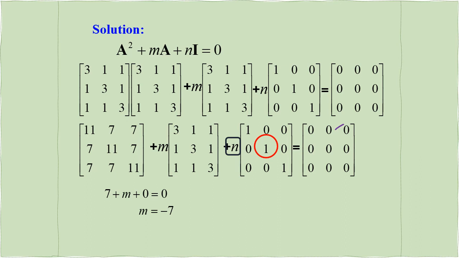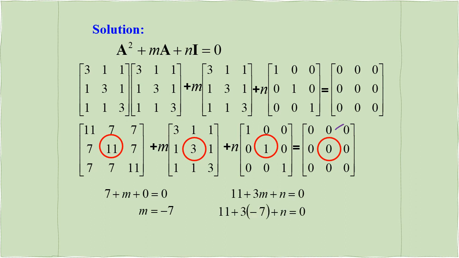The element on the second row and second column gives 11 plus 3m plus 1n equals 0. Now we know already what m is, so 11 plus 3 multiplied by negative 7 plus n equals 0. So n is equal to 10. Now we know already what m and n are.